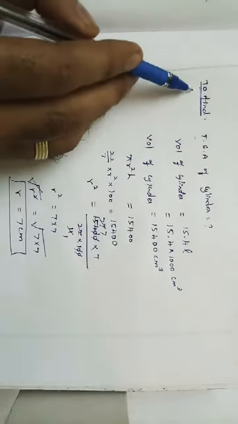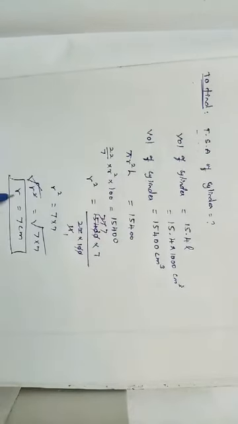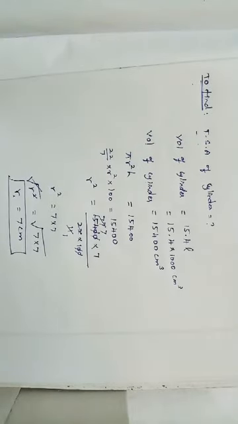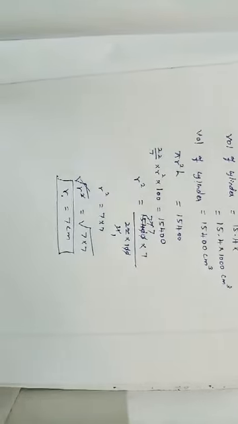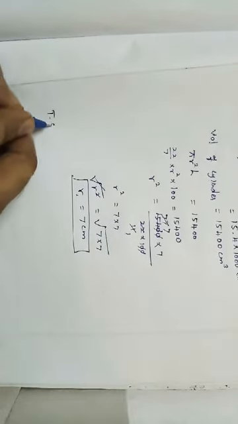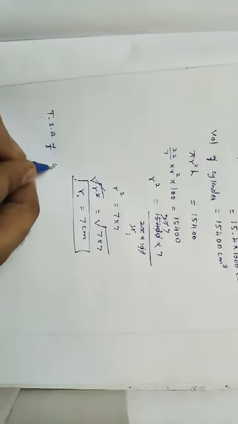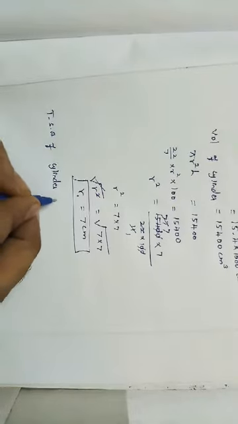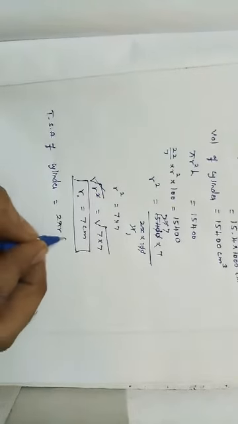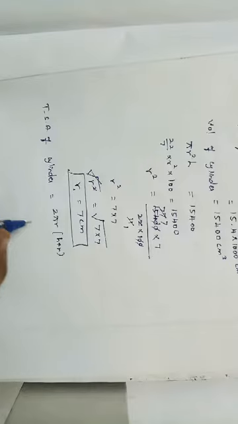What we want to find is the TSA of the cylinder, the total surface area. Now we know the radius and the height, so just substitute in the formula. TSA of cylinder is equal to 2 pi r into h plus r.